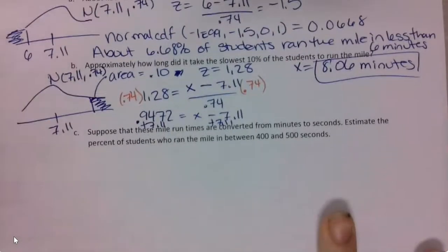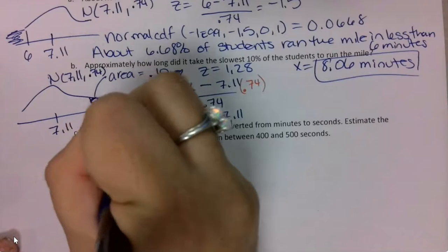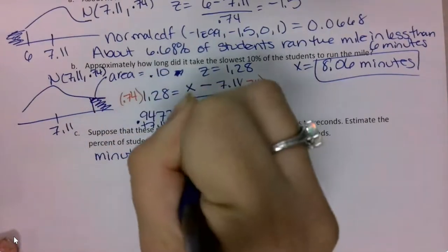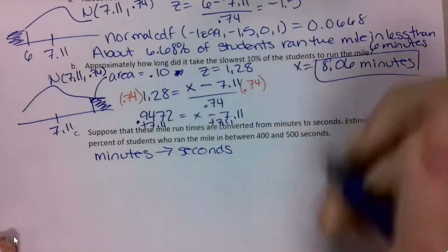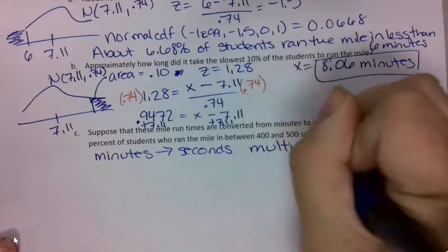Okay. C says, suppose that these mile times are converted from minutes to seconds. Estimate the percent of students who ran the mile between 400 and 500 seconds. So what I need to do is go ahead and change my times into seconds. Remember, minutes to seconds is going to multiply by 60 because there are 60 seconds in a minute.